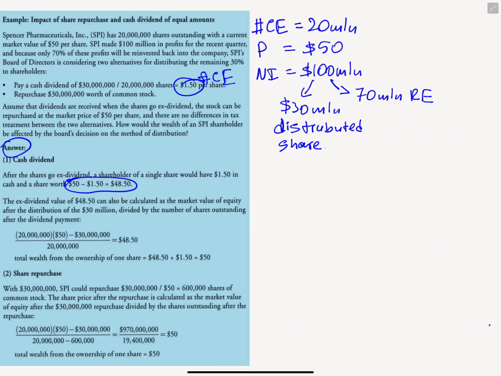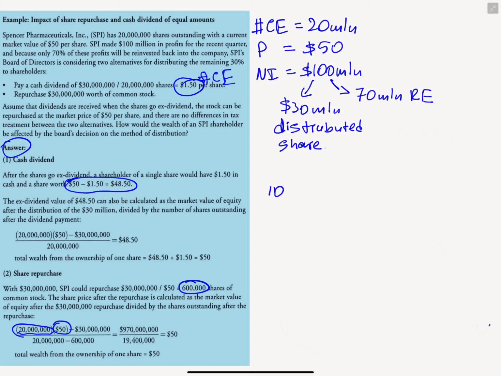Then, in the case of share repurchase, 600,000 shares should be repurchased. Okay. And as before, 20 million shares outstanding. Every share and the market value of that share are like how much?